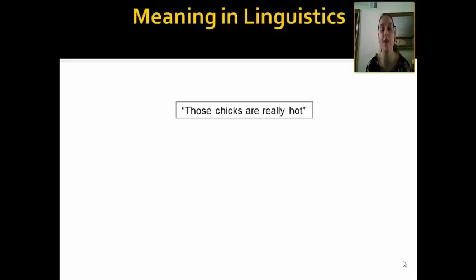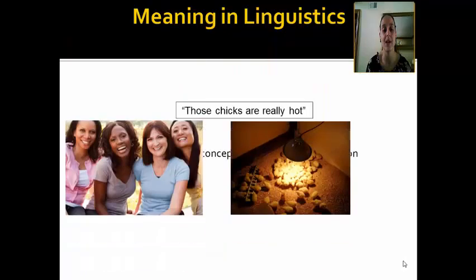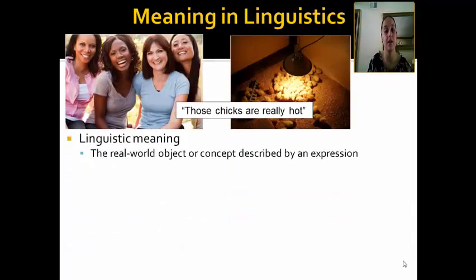The first way is the linguistic meaning, or information that we derive from the sentence, or basically what real-world objects or concepts this person is describing in their sentence. So if we think about the meaning that this sentence could have, there are two different meanings. The first one is the picture on the left-hand side, which represents four ladies who are attractive.